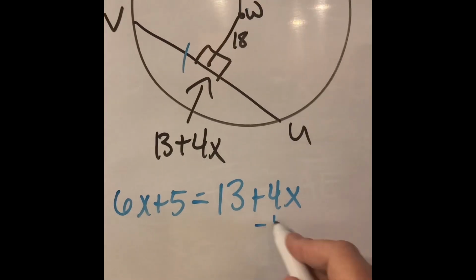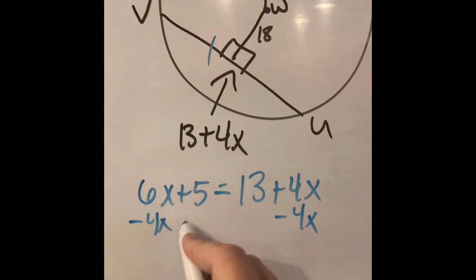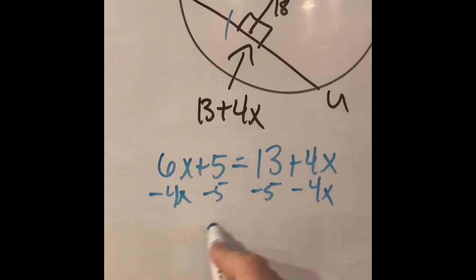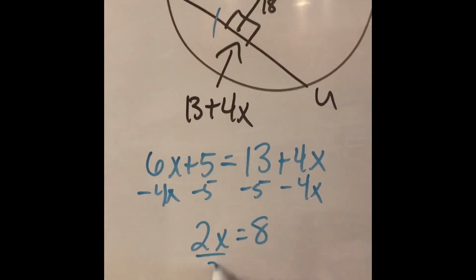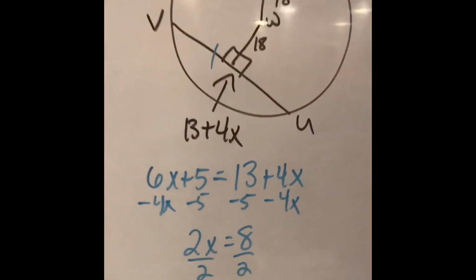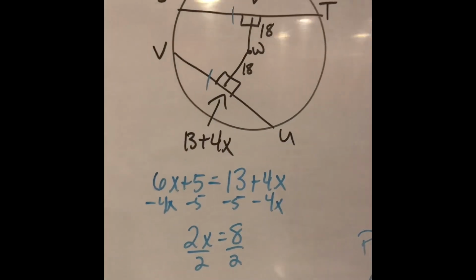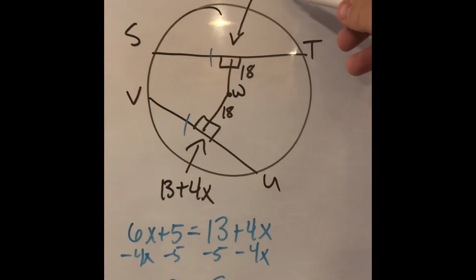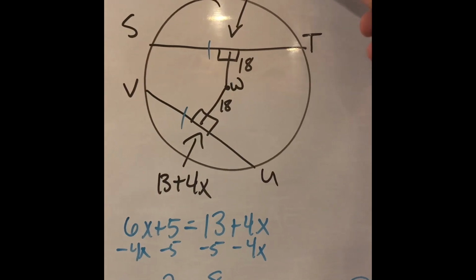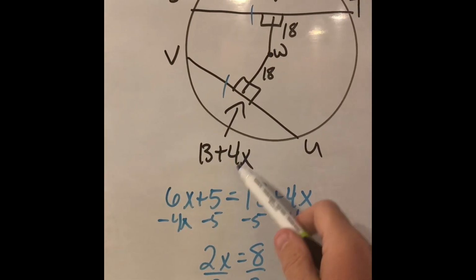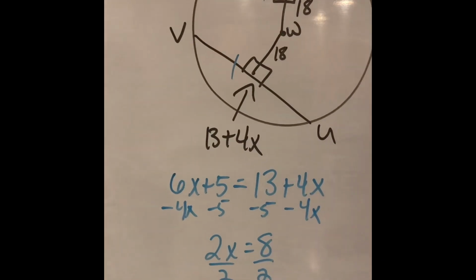So if I subtract 4x from both sides and I subtract 5 from both sides, that's going to give me 2x equals 8. And when we divide by 2, x equals 4. Now remember, you can always go back in and check to make sure that your answer makes sense. I can put 4 in here. I get 6 times 4 is 24, plus 5 is 29. If I put 4 in here, I get 13 plus 16, that's 29, so they're equal to each other.